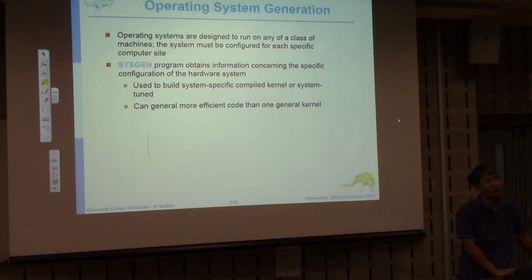Then finally, after you design and implement, you can apply it to the real system. How can we apply that? We need to create a kernel program. That is operating system generation. So there are specific programs to create a kernel like the system.